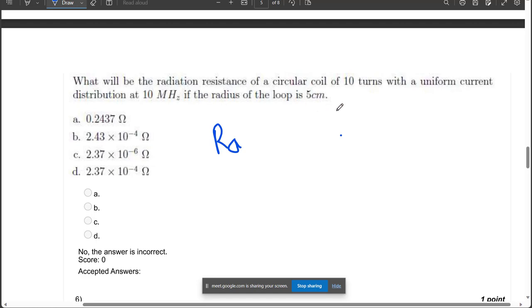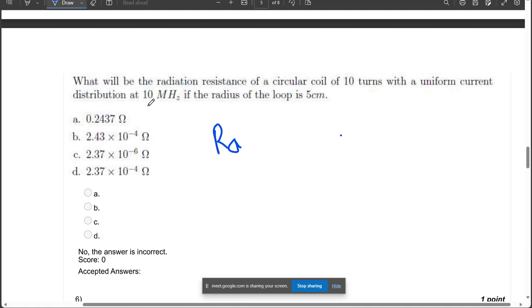A circular coil is given to you, and it has 10 turns. It has a current flowing through it with a frequency of 10 megahertz. So an alternating current is flowing into it with a frequency of 10 megahertz.